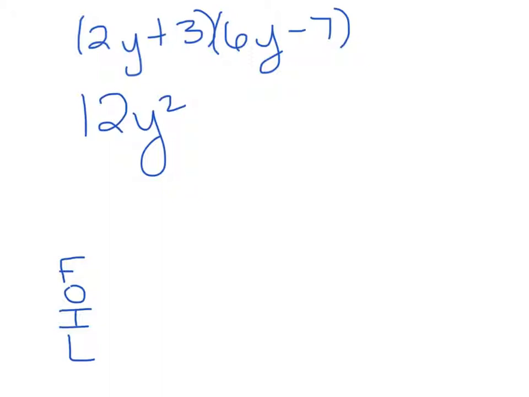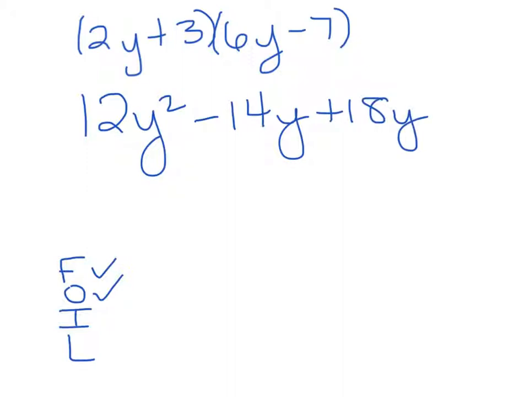Okay, now check off the F. Outsides, this is the outside in this binomial, and this is the outside in this binomial. So negative 7 times 2y is going to be negative 14y. Insides, 3 and 6y. We're multiplying, remember? Okay, so 18y.